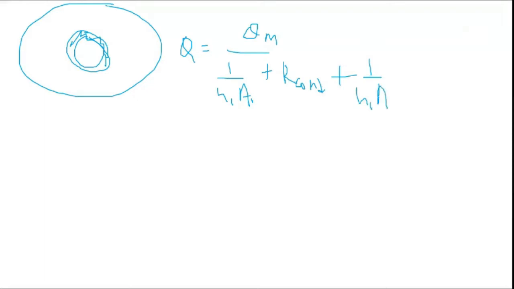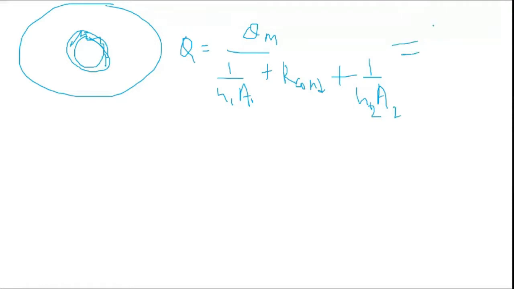So since there are three resistances, Q was given as theta m divided by 1 by H1A1, plus the resistance due to conduction, R conduction, plus the convective resistance on the outer side due to the outer fluid, 1 by H2A2. This is what we are going to write.